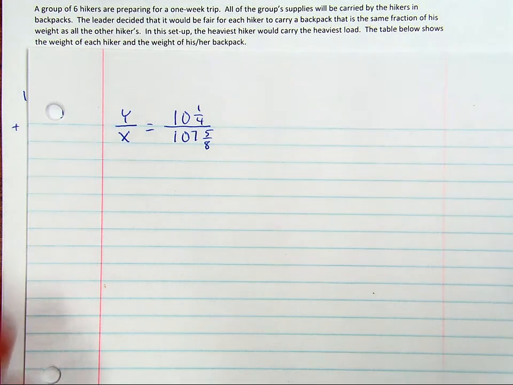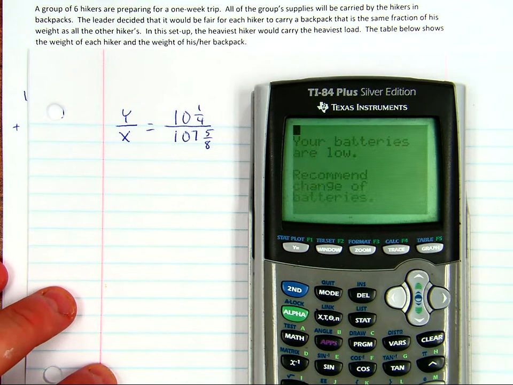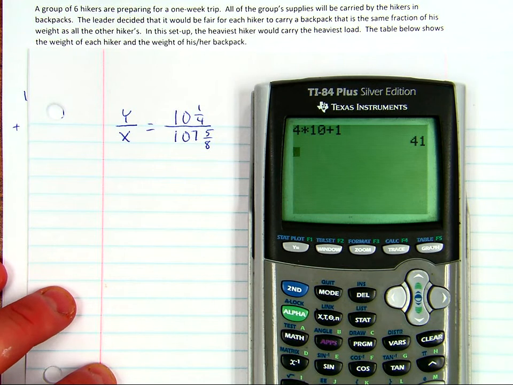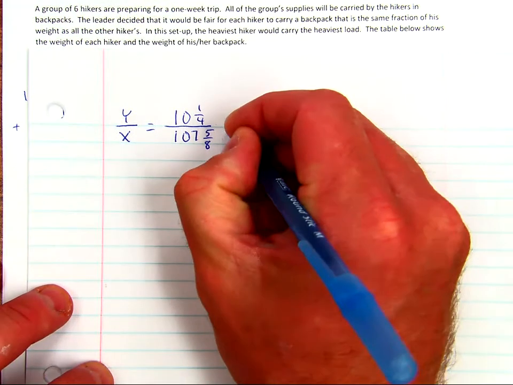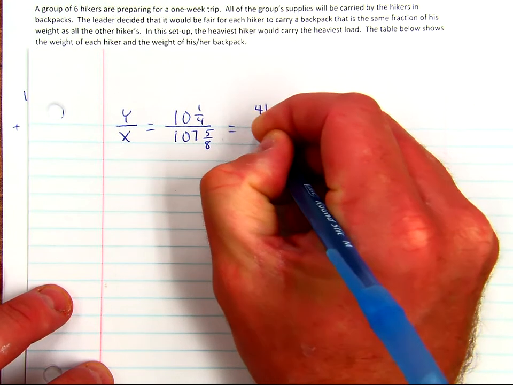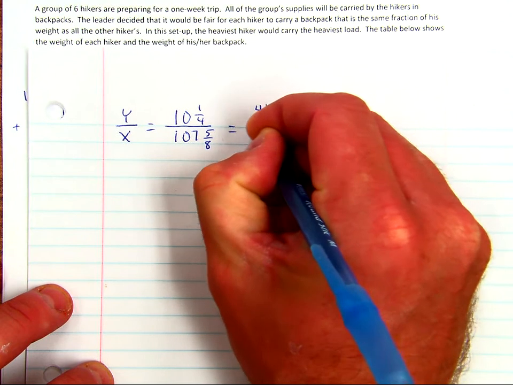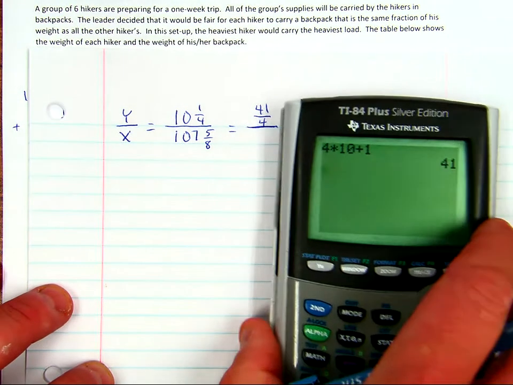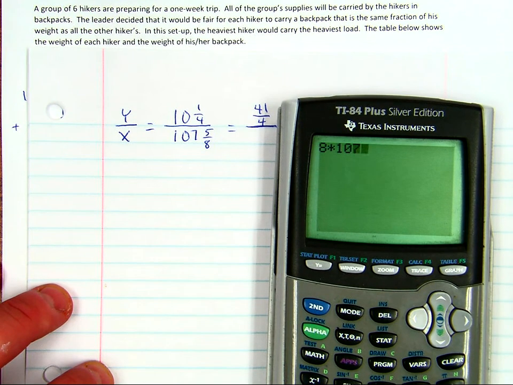Now what we need to do is convert both of these into improper fractions. 4 times 10 plus 1 is 41. 8 times 107 plus 5 is 861.